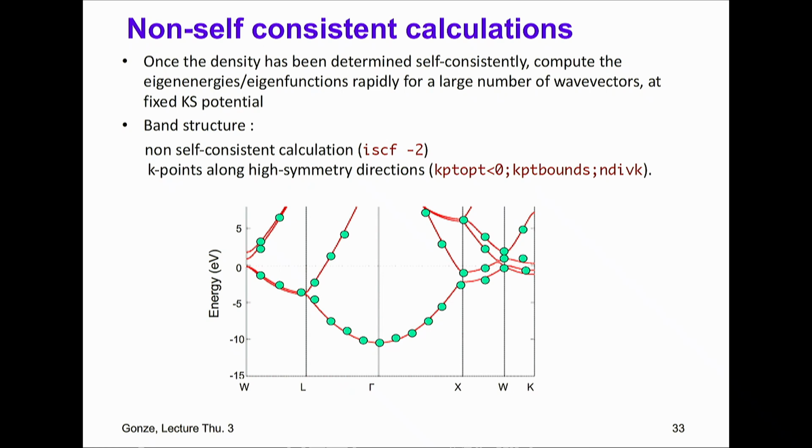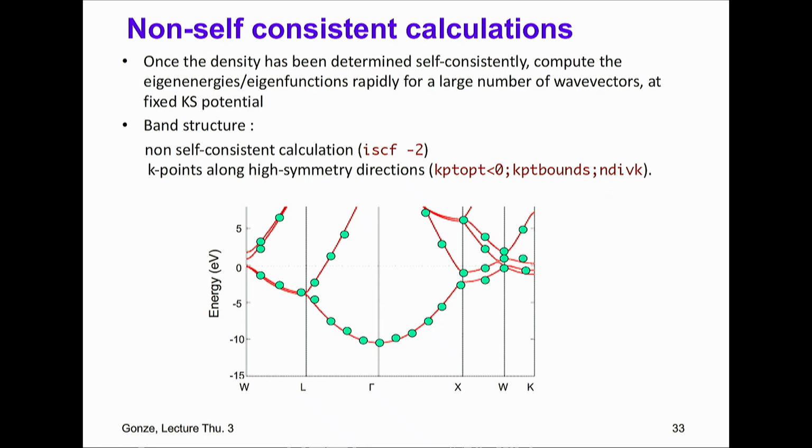It is possible to do non-self-consistent calculation in which you don't want to obtain a density at the end, but you consider that you have already done the self-consistent work, you have obtained density, you have obtained a potential, and you want simply to obtain a very large number of eigenenergies along different lines in the Brillouin zone. It is possible indeed then to start from a potential file and simply solve the Schrödinger equation.